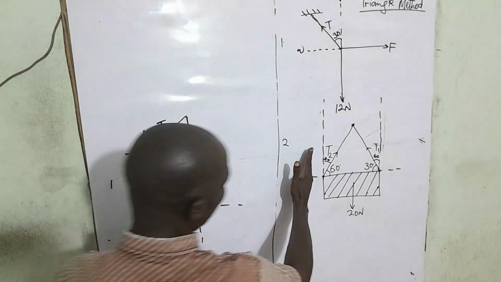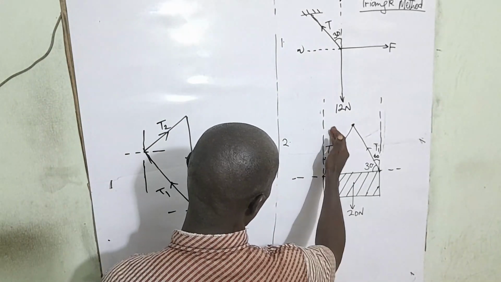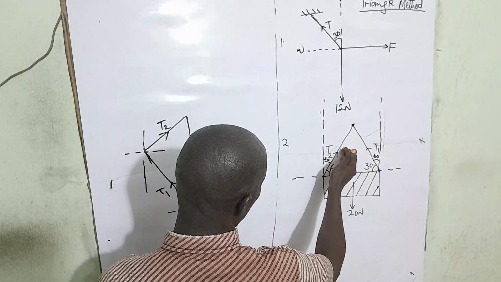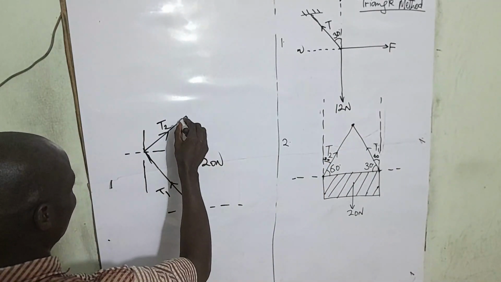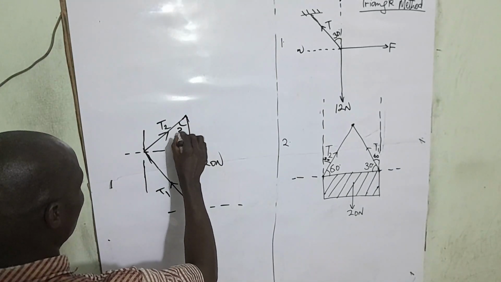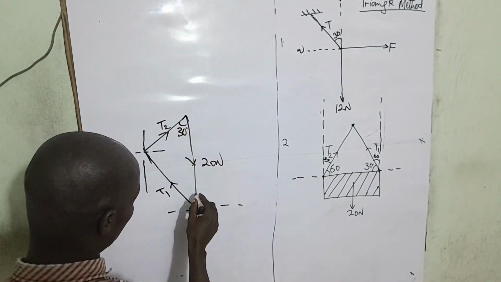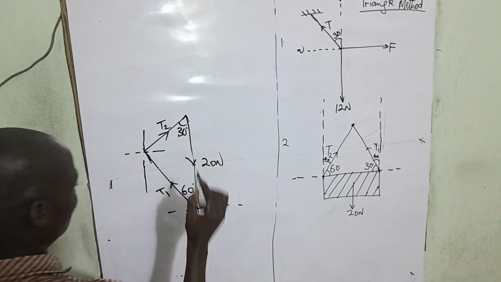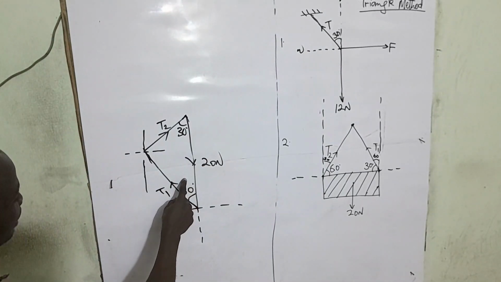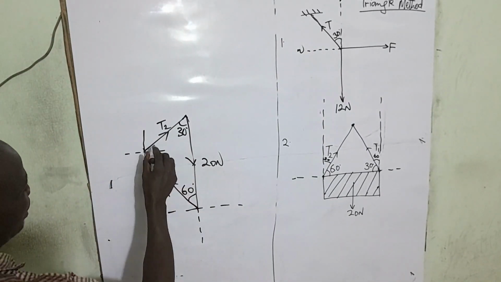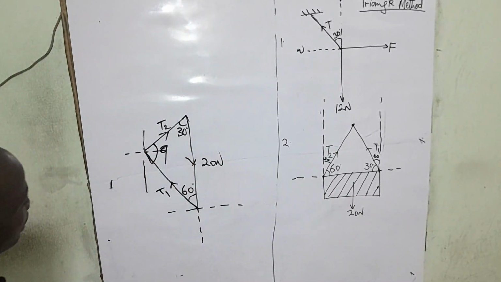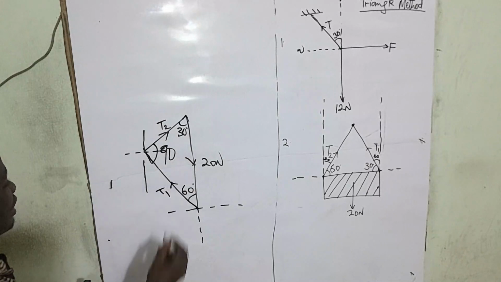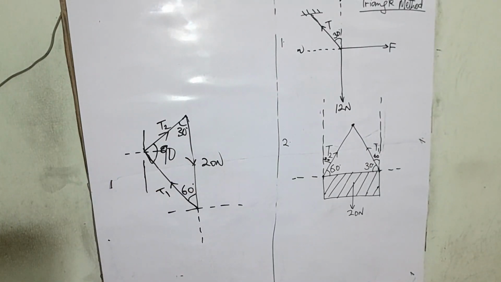The angle between T2 and the vertical is 30 degrees, so we label here 30, and the other one is 60 degrees. If this is 60 and this is 30, then this is going to be 90 degrees, which means this is a right angle triangle.